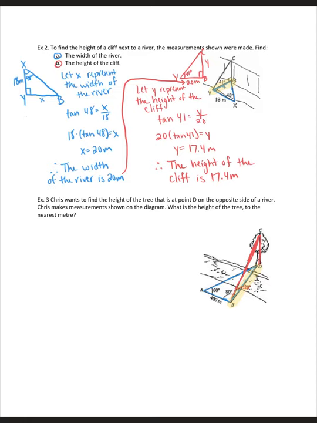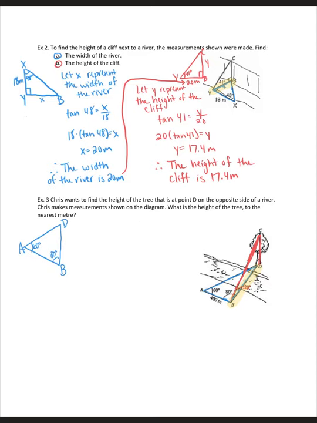So let's draw this blue triangle that we're dealing with here. We'll draw it out here. So we have A, B, D. We know that angle A is 60 degrees. Angle B is 80 degrees.